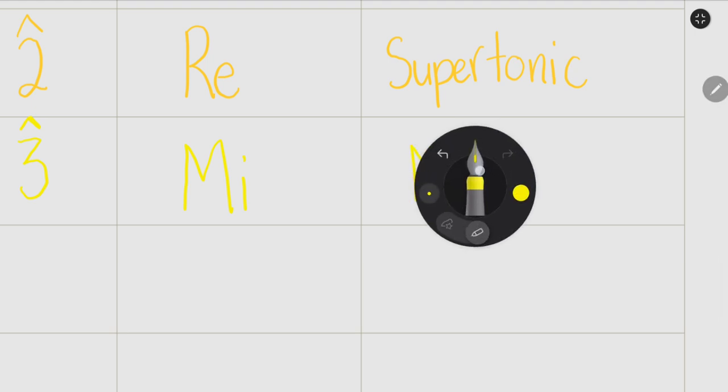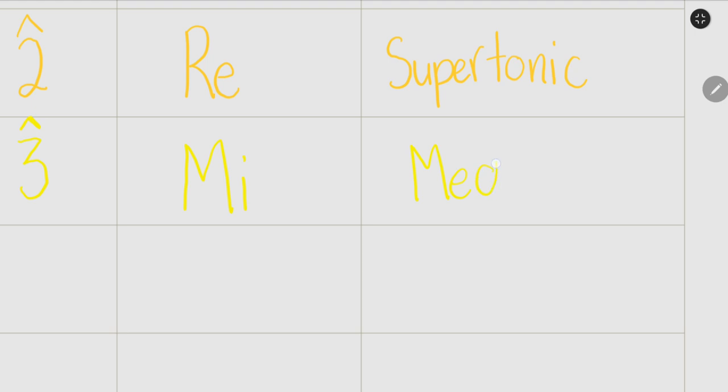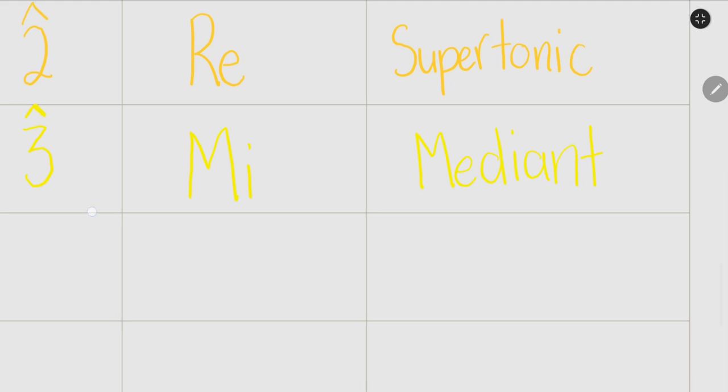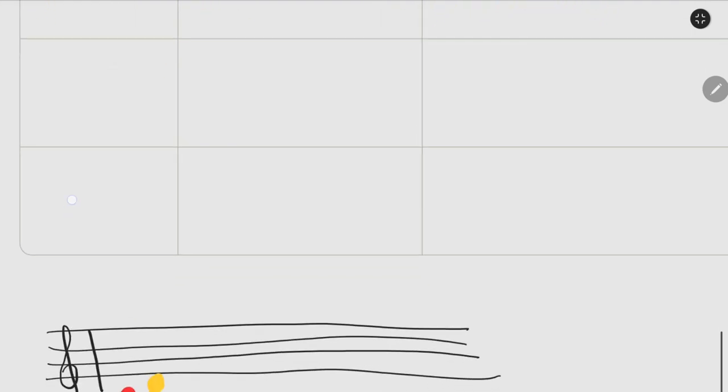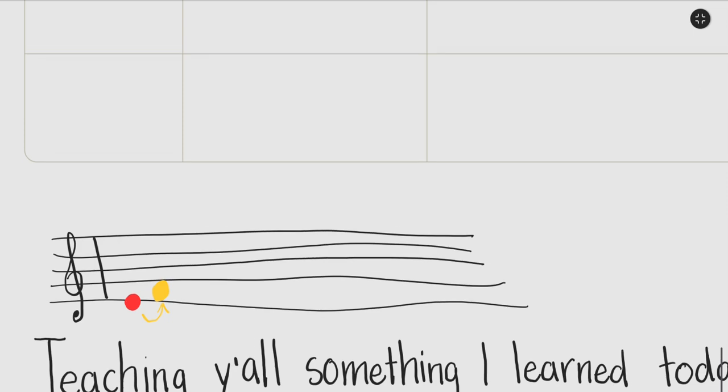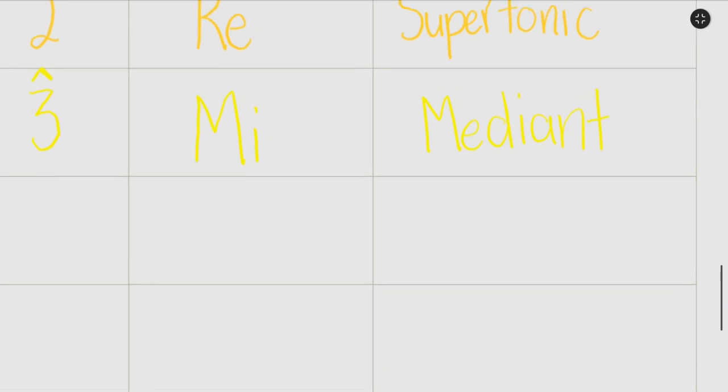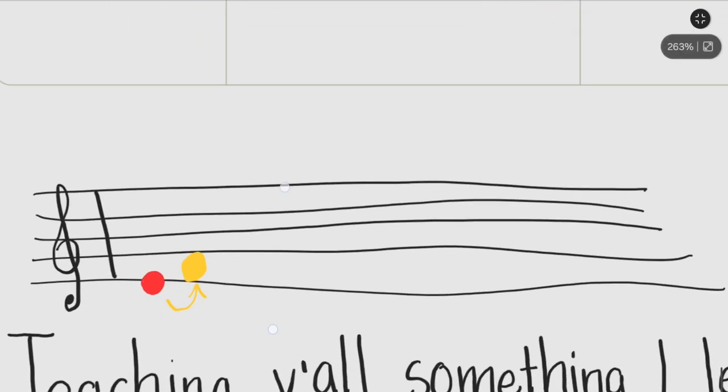M-E-D-I-A-N-T, mediant. And it's halfway between the tonic and the dominant. So this is why it's called the mediant, because it's in the middle essentially.